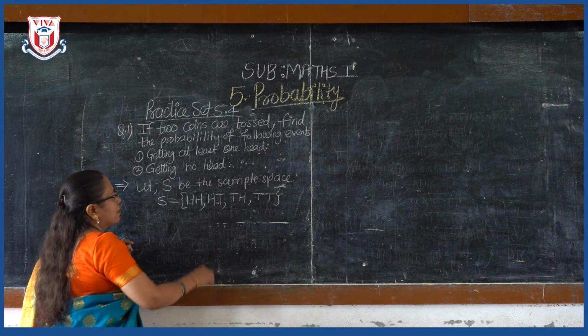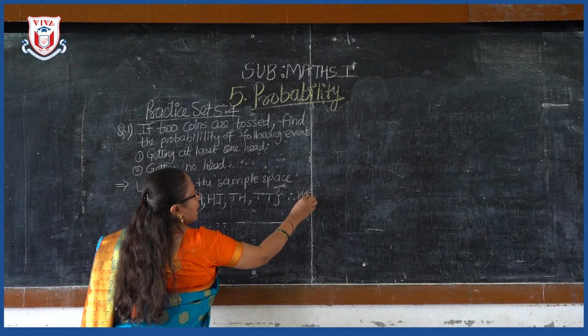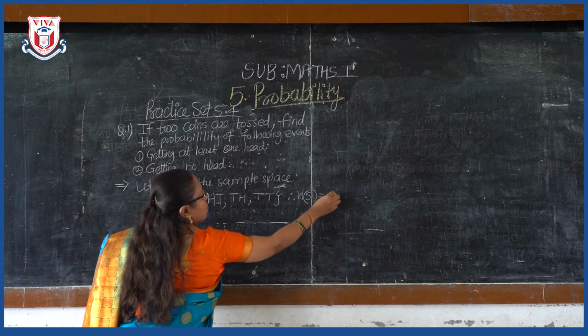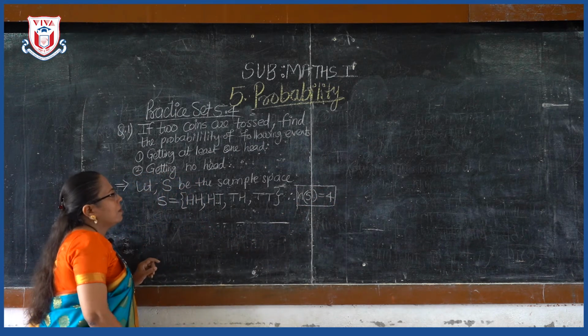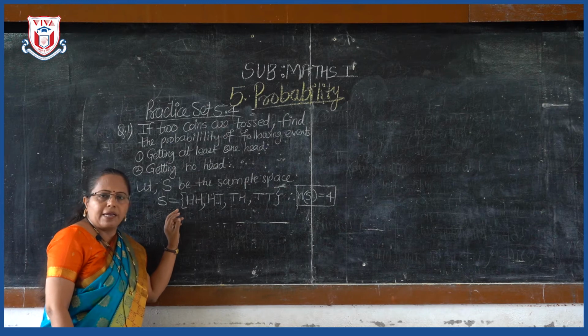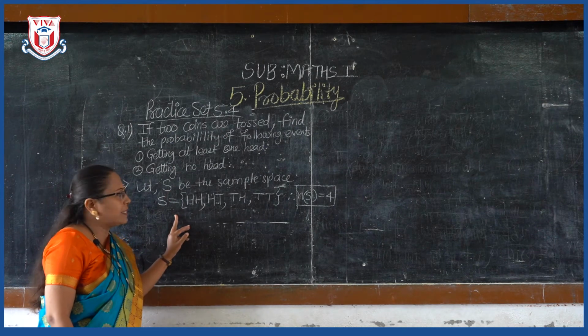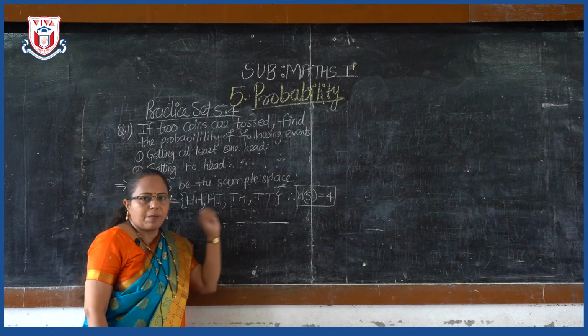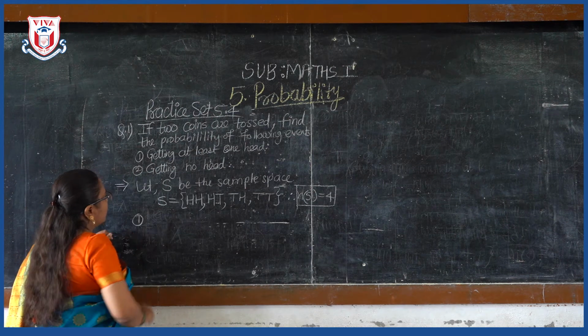Close the bracket. Therefore n(S) = 4. To find the probability of any event, first write the sample space and find the number of sample points.